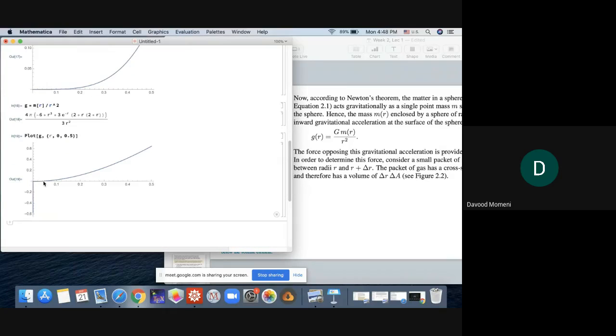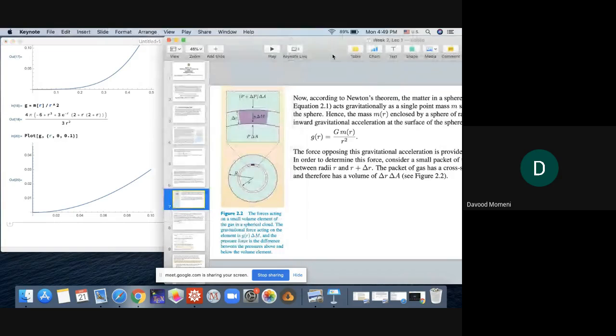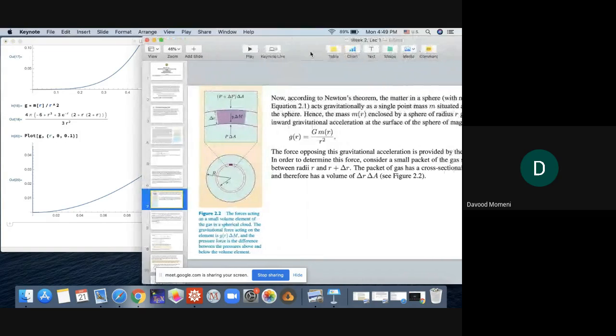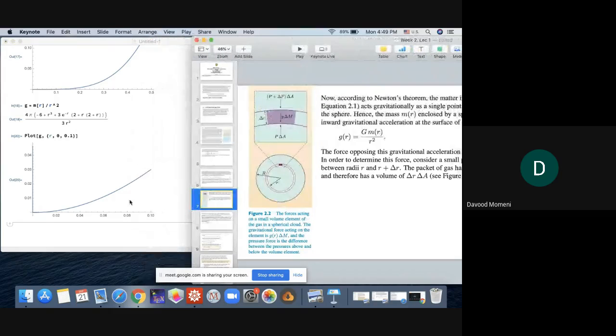This is the g. It shows that near R equals 0, g will be very large, because R equals 0 means the center of the star, and you do not have much information about that. Then by increasing R, the gravitational acceleration will increase.